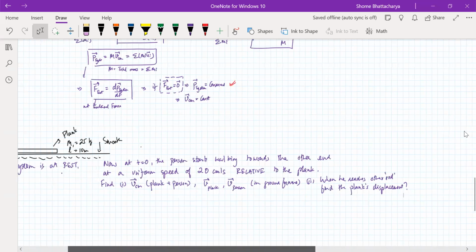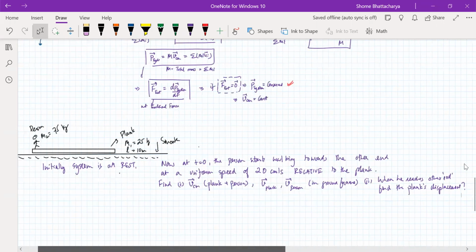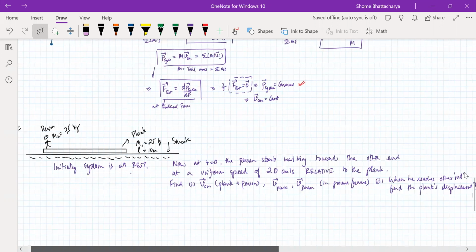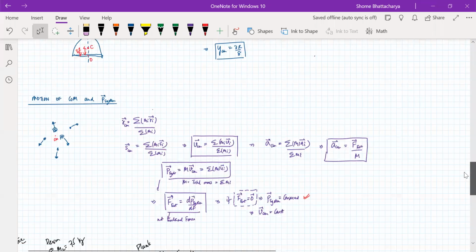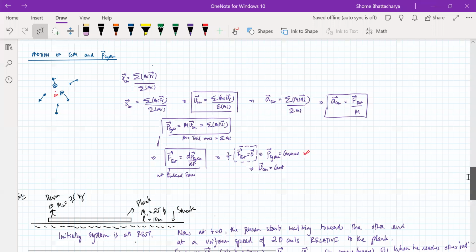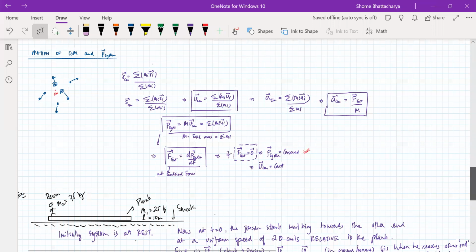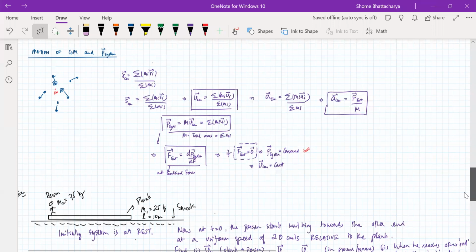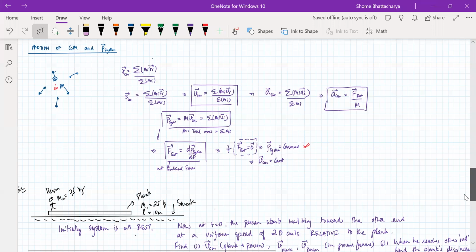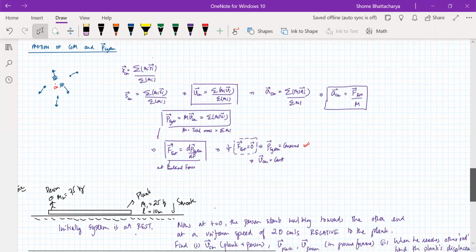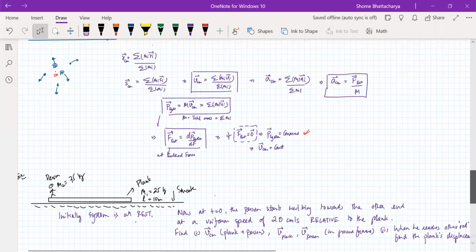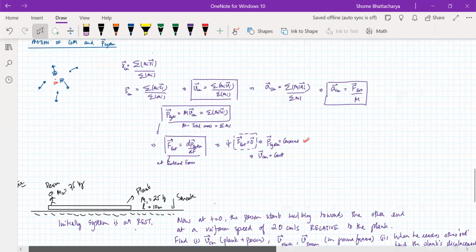So what principle will we here apply to understand how the system is behaving? If you take the person plus the plank as a system, what can you say about the net external force when he starts walking? Is there any net external force? No, no, because the ground is frictionless.